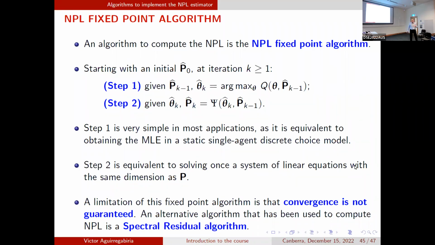Then even if at the population level this spectral radius is smaller than 1, and the data, the population, has been generated with a stable equilibrium, there is always a strictly positive probability that there are samples where this spectral radius will be larger than 1.